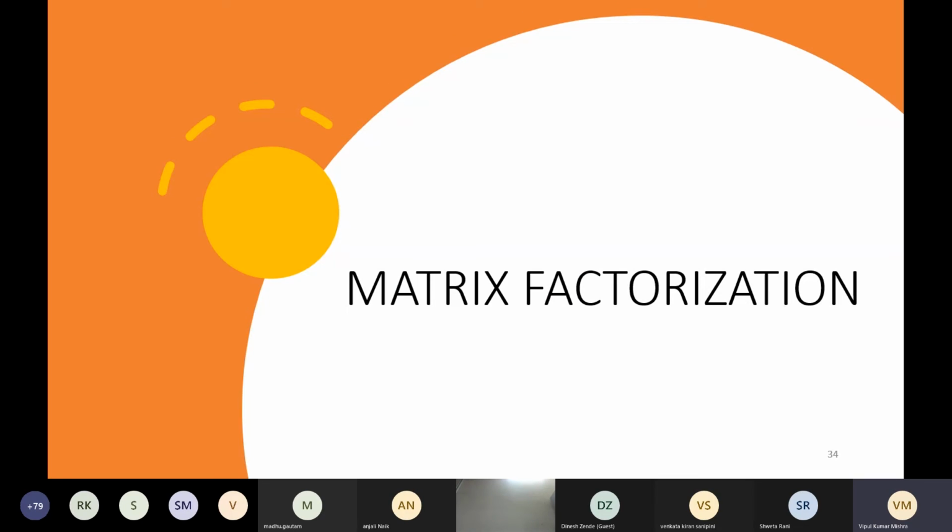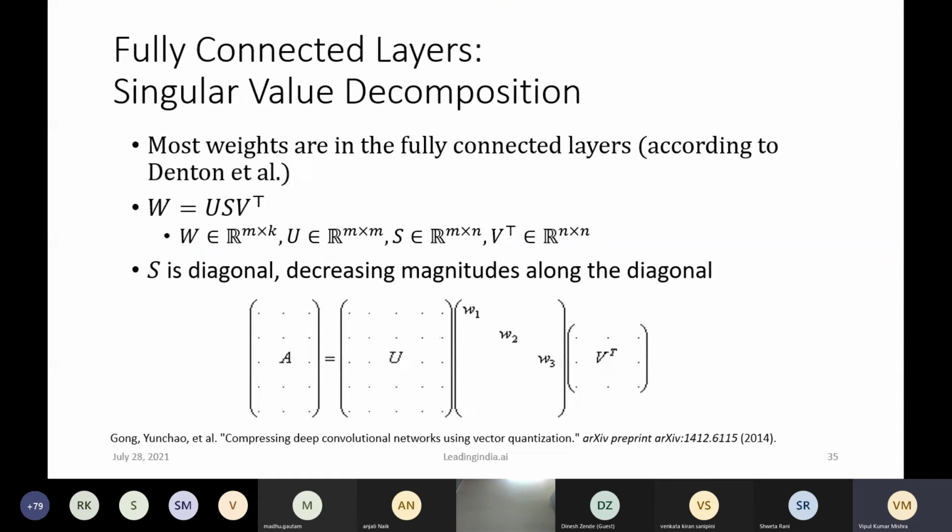Now, there is one more method, the matrix factorization method. I hope we are already aware of these methods. If you are able to recall, matrix factorization is heavily used in the fully connected layer, whenever we talk about reduction of the fully connected layer.